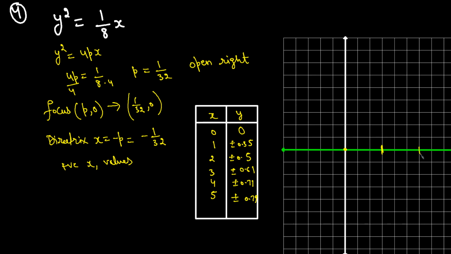So this is 1/3 here, which is 1 over 32. That's where my focus is going to be, at 1 over 32, and y is 0. This is my vertex, which is (0, 0), and my directrix is at negative 1 over 32.